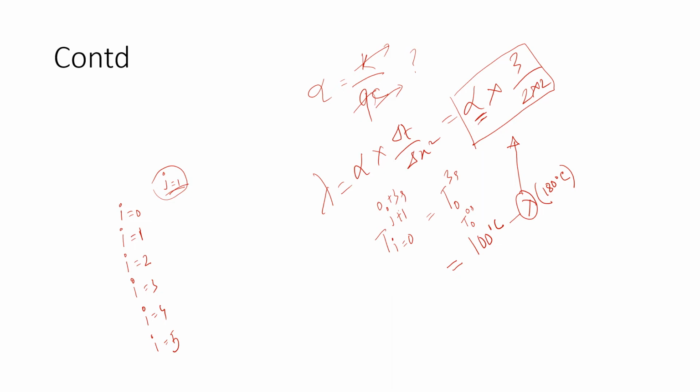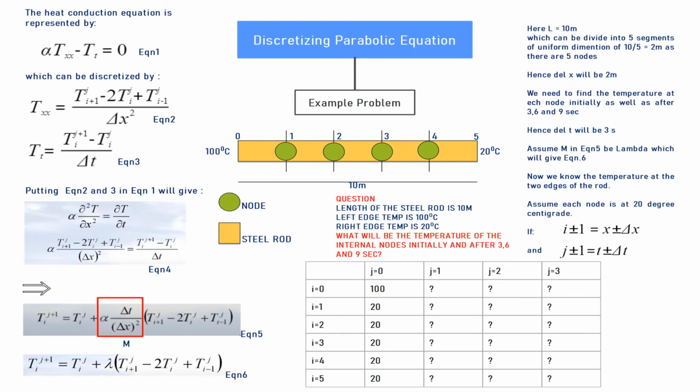Now let us take the example for i equal to 1. So here, as you know, I have already found the value of T at i equal to 0 after the first increment. So this one I have found out.